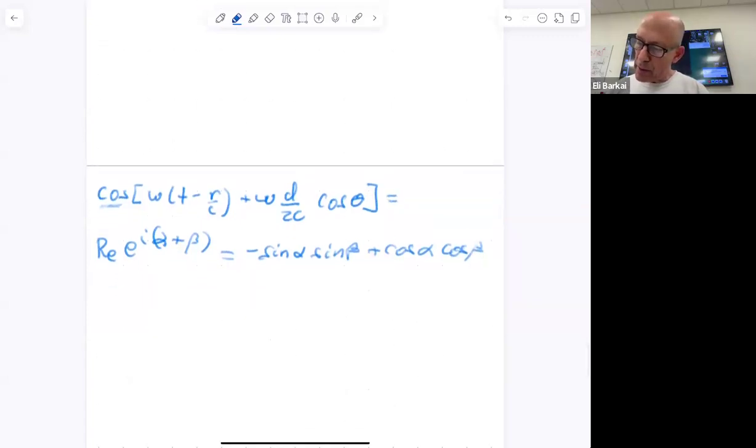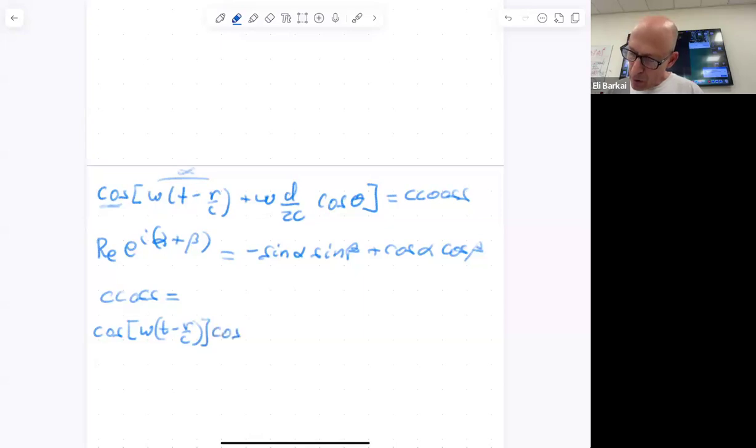So if I define this as, let's call it cos, then this is equal to the following lovely thing. It's equal to cosine of omega t minus r over c. That's my alpha, so to say, multiplied by cosine of omega d over 2c cosine theta.